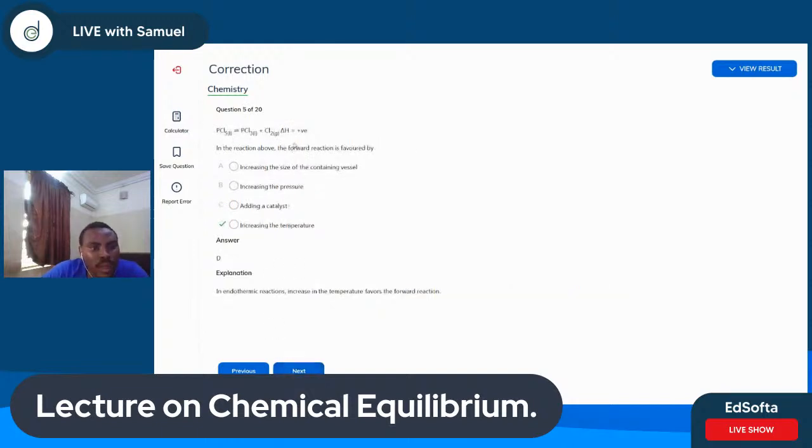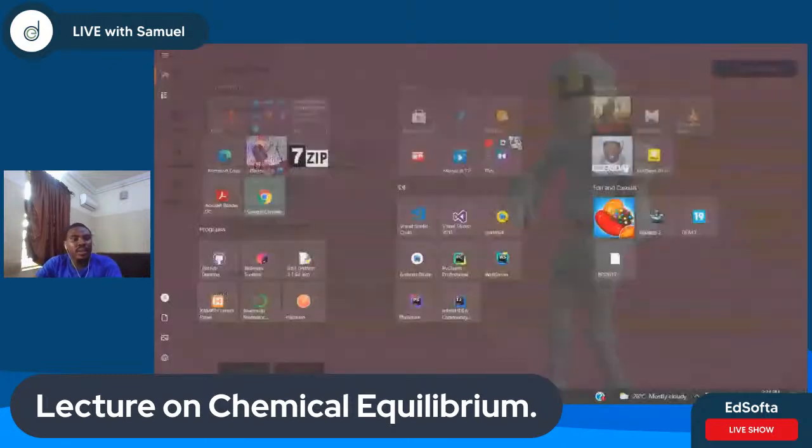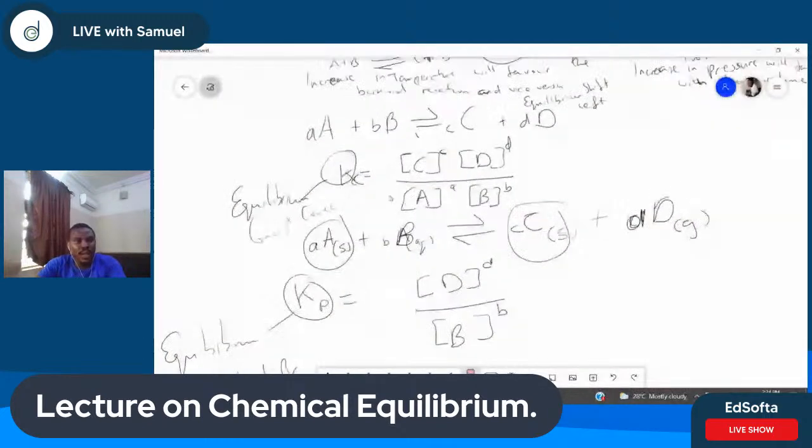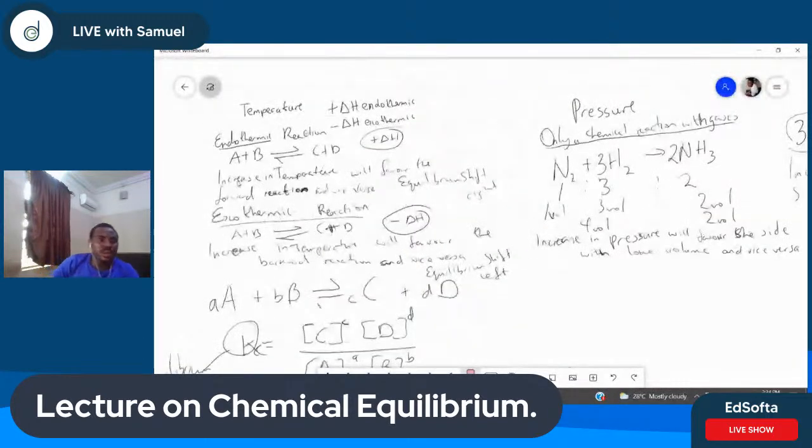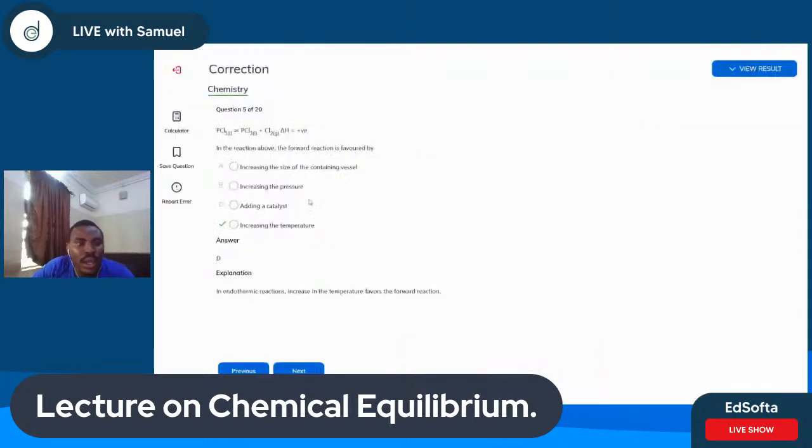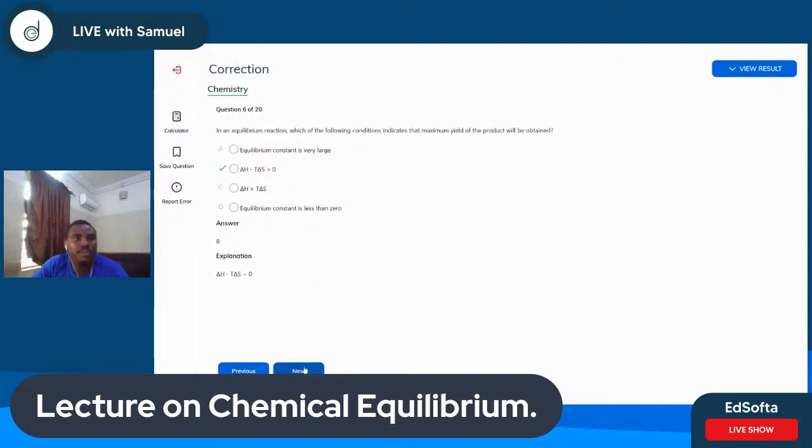So here we have a positive. Now, increase in temperature, like we said, if you can remember vividly, we said increase in temperature will favor the forward reaction in a positive delta H. If we look at our question here, we also have a positive delta H, so it's an increase in temperature.